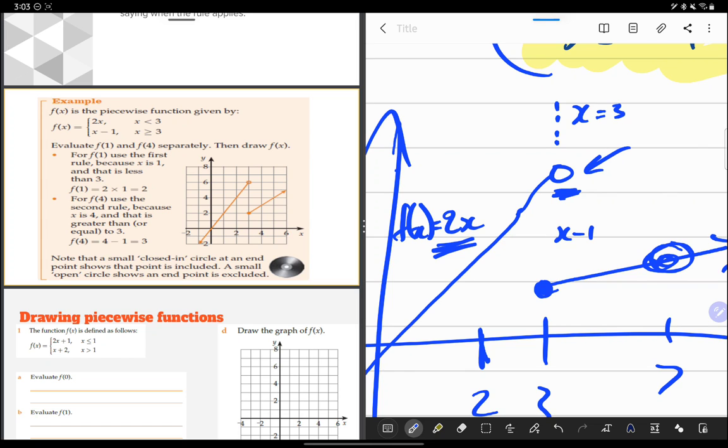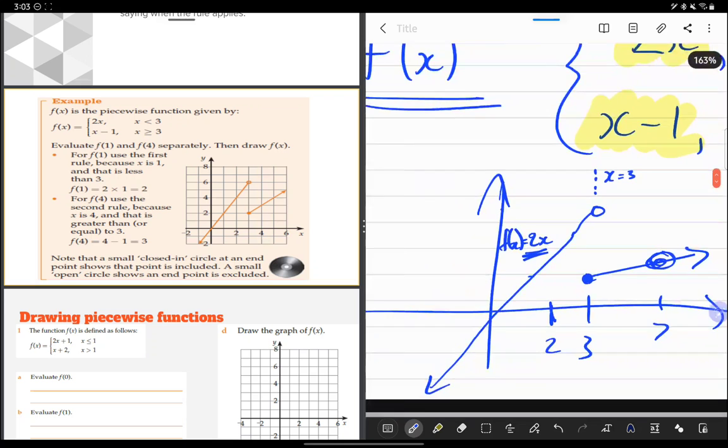So x minus 1 is the function. If x is 3, yep, that is indeed 2, so the function is 2. So that we do use. We show that difference by making this an open circle, an empty circle, while this one here is a filled in circle, because this one is included. And that's just notation. That's just how we draw this stuff.